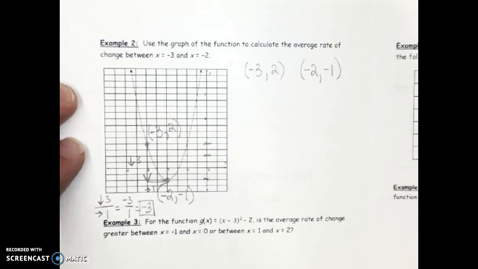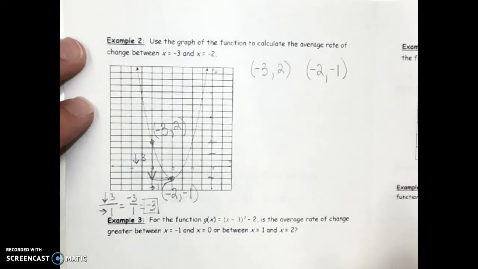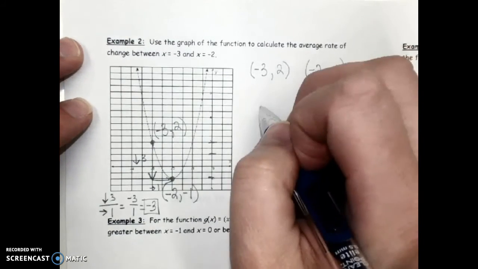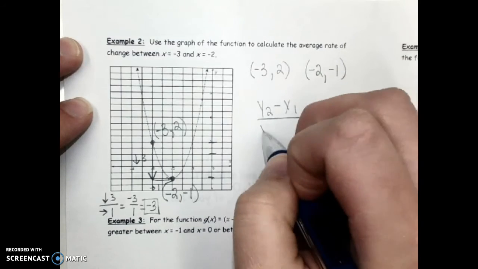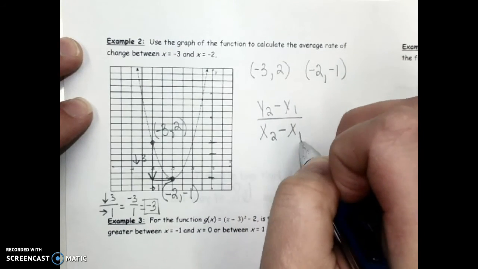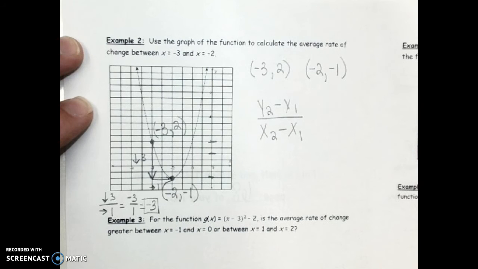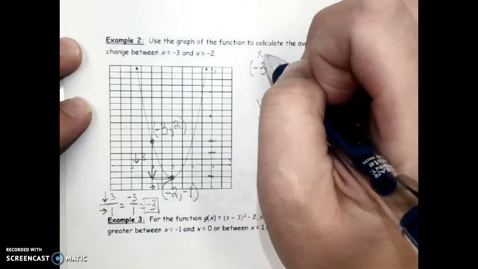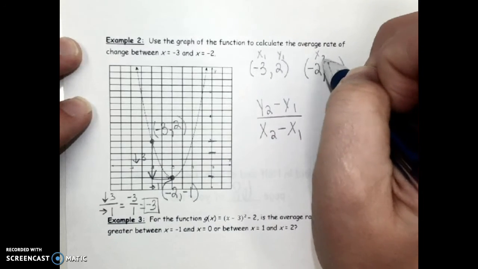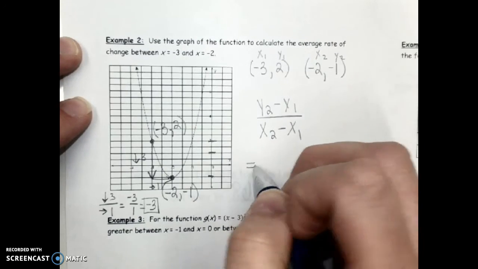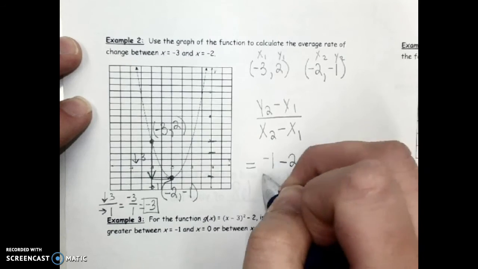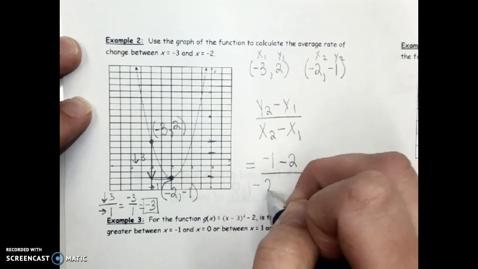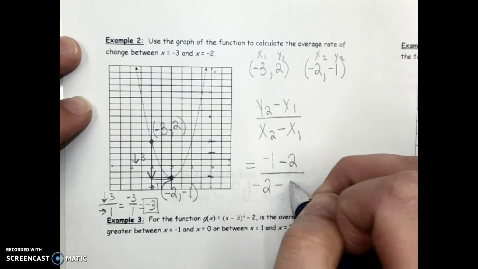Well, let's say that you didn't see that, or you didn't understand that. You want to use the formula. Here's the formula. y2 minus y1 over x2 minus x1. I'm going to plug these in. x1, y1, x2, y2. y2 is negative 1 minus y1 is 2 over x2 is negative 2 minus, because it's in the formula, negative 3.